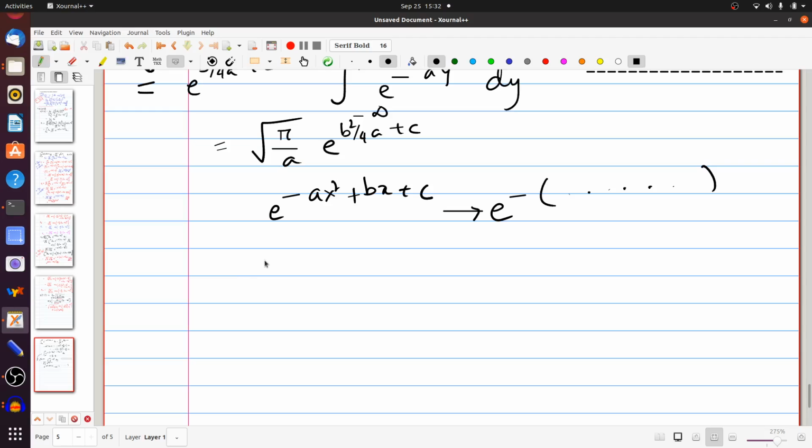So what you have in the bracket up there could be something like a11 x1 square plus a22 x2 square plus a33 x3 square and so on. And of course, you don't really necessarily have to stop there. You could also have cross terms like x1 x2, x2 x1 and so on.